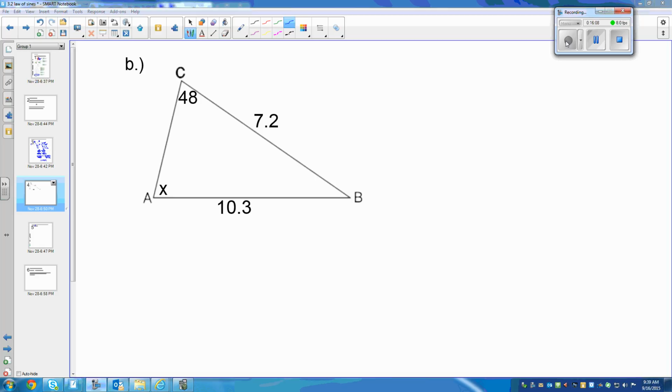So in our second question here, they actually labeled the triangle for us, right? We have triangle ABC. And so what I do is I always write down what we're given and asked to find right away, okay? So what do we know? Nicole, what's one thing we know? Angle C equals 48 degrees. Perfect. Jesse, what's another thing we know?